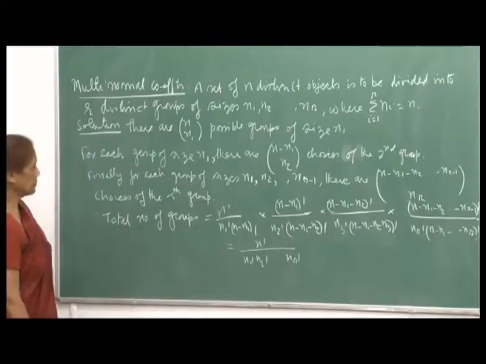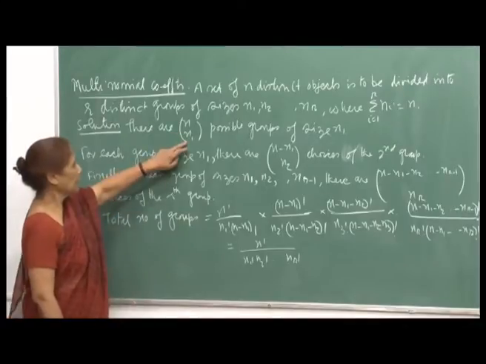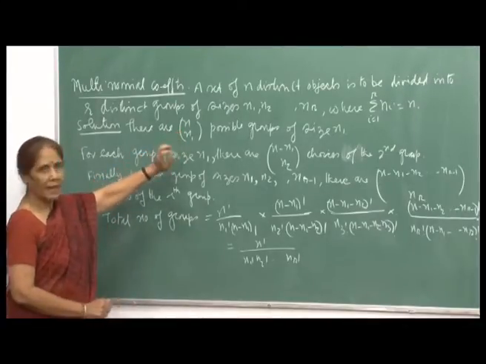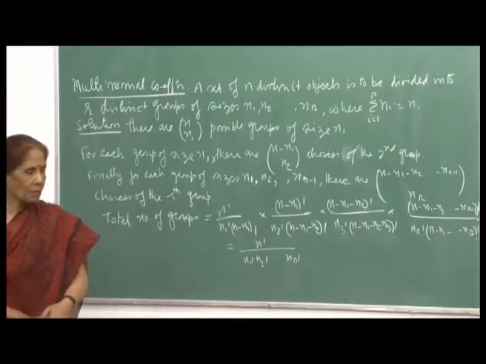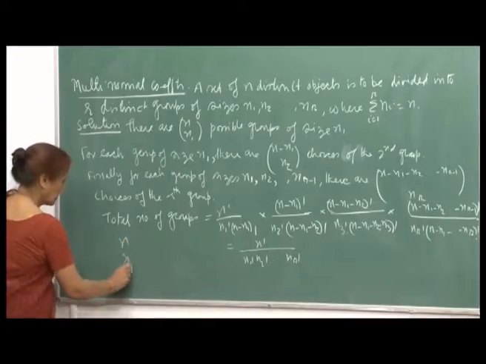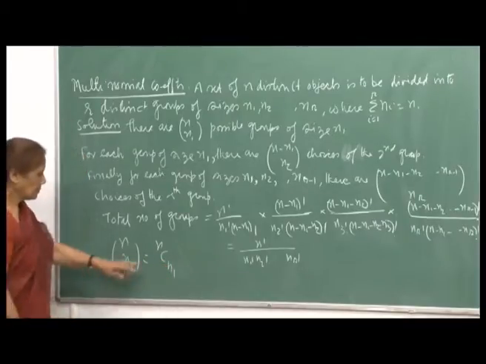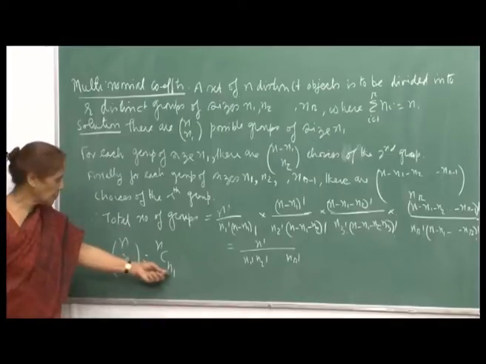So, then using the same principle, I want to choose from the possible groups. The number of possible groups of size n 1 is n choose n 1, right. This is also written as n c n 1, the combination, that means you want to choose n 1 objects out of n.